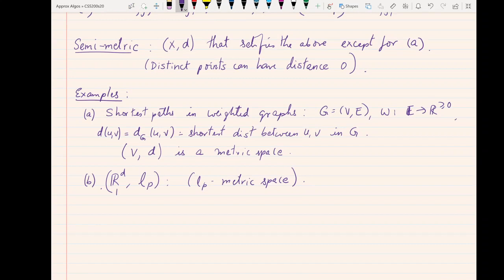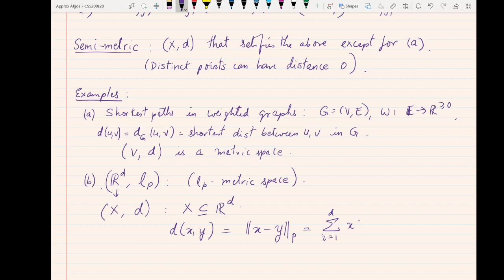So the input point set is infinite, because if you take all of R^d, you can take some subset x comma d, where x is a subset of the d-dimensional space, and the distance between 2 points x comma y is given by the Lp norm of the point, which is summation i equal to 1 to d of |xi minus yi| whole raised to p, this raised to 1 over p.